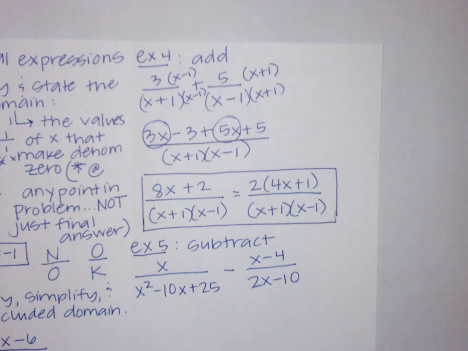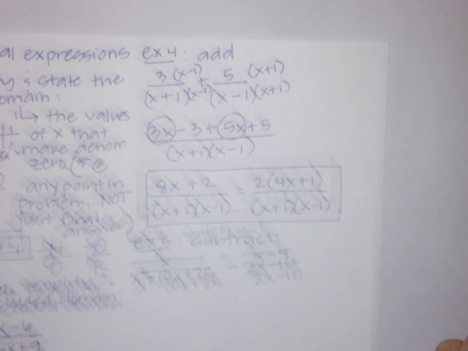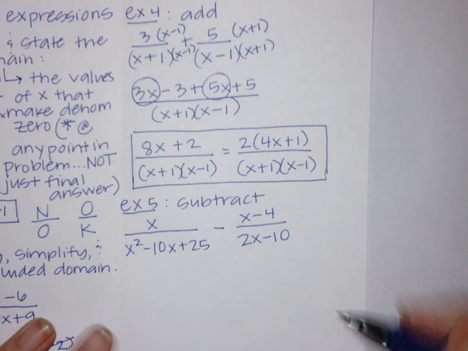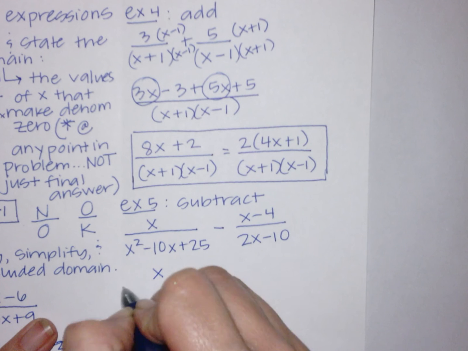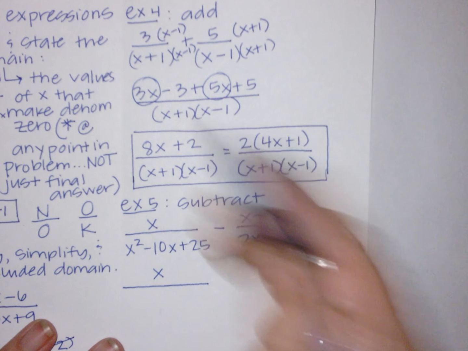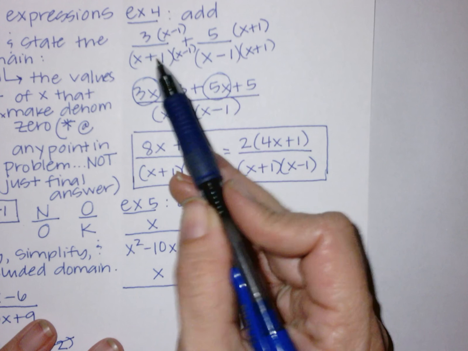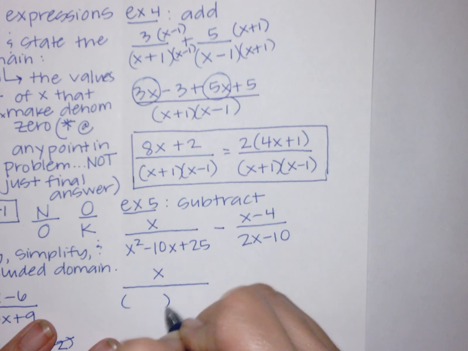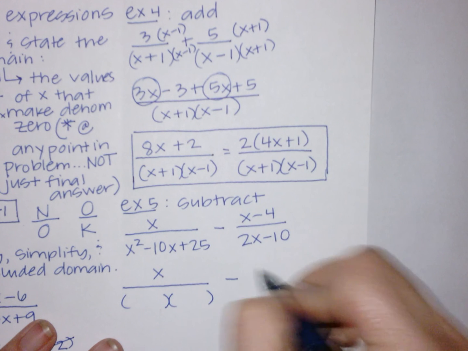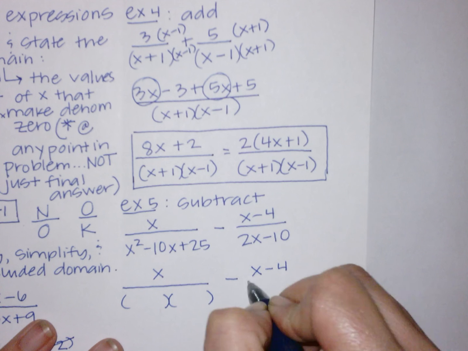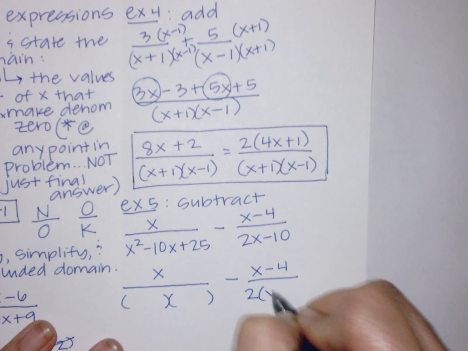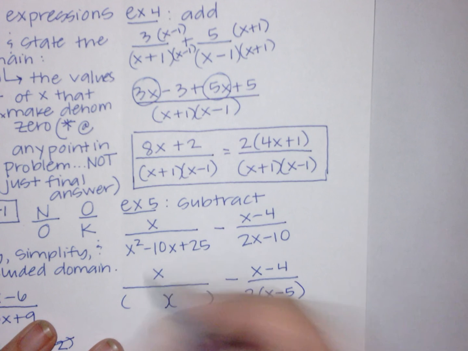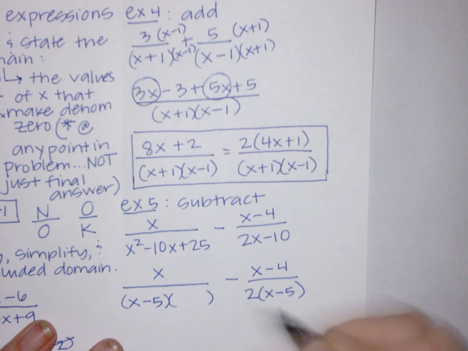So remember what we said, match the denominators perfectly. So your first step though is going to actually put it in factored form. So up here, this one was already factored, that's why we didn't have to do that step. But when you're trying to match the denominators, it's based upon factors. So that's why you have to match the denominators perfectly.